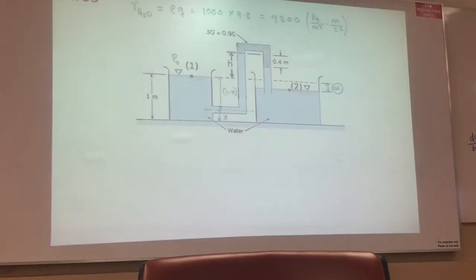Okay, this one. In this question, they tell you to determine the elevation difference, please find the elevation difference delta H between the water levels in the two open tanks in figure 3. Right?